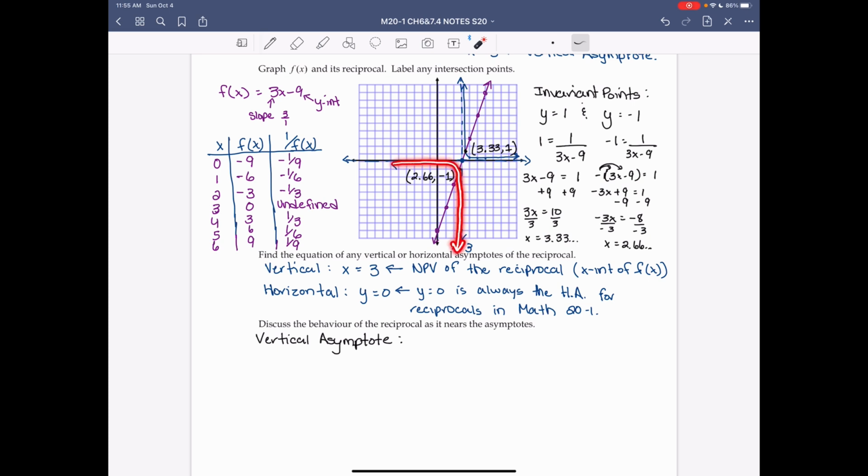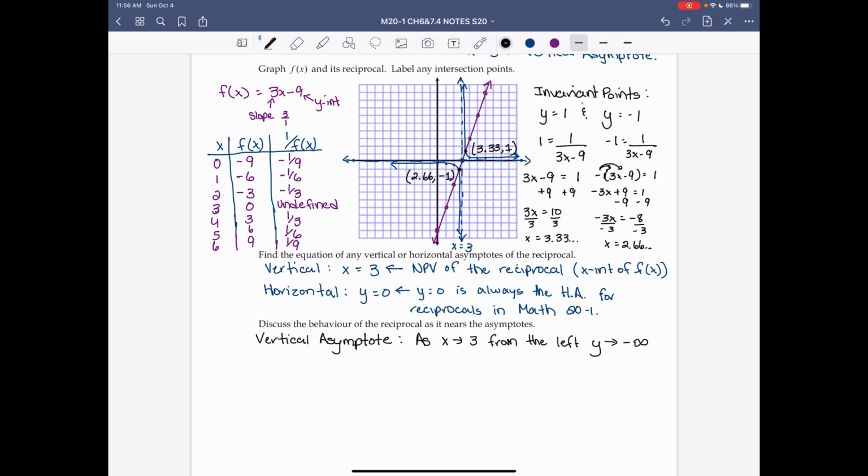So it is heading towards -infinity there. As x approaches 3 from the left, y approaches -infinity.